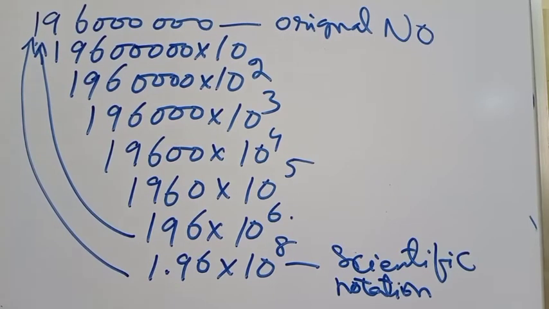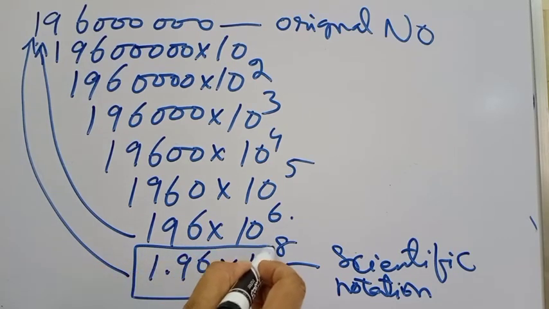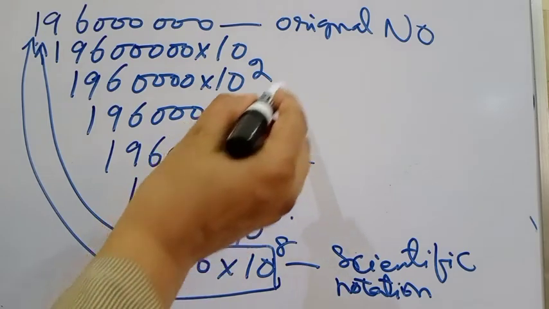Here we have a question: why is only the last line scientific notation and not the others? This is scientific notation and the other lines are not.